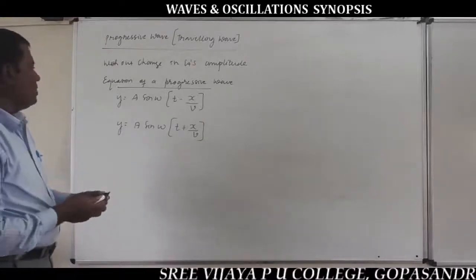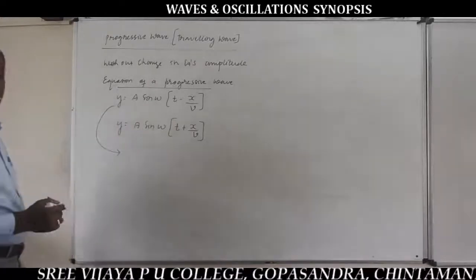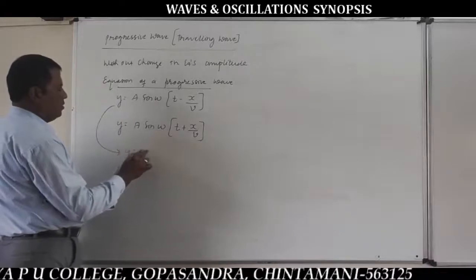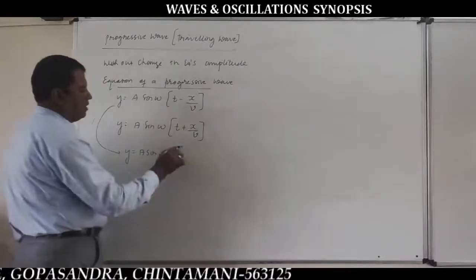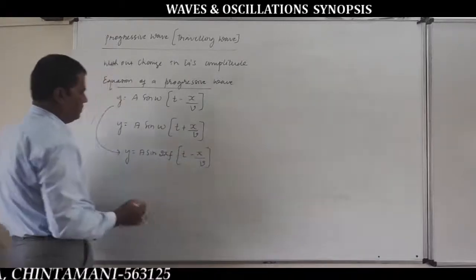Using this equation, you can obtain the different forms of the equations of progressive wave. Y is equal to a sin omega, which is written as 2 pi f into t minus x by v.